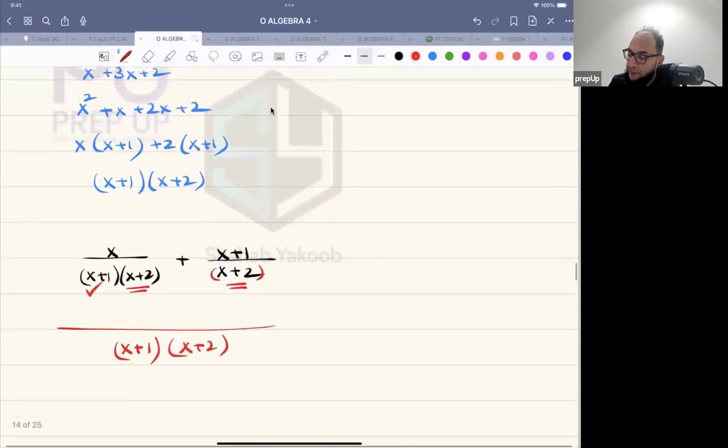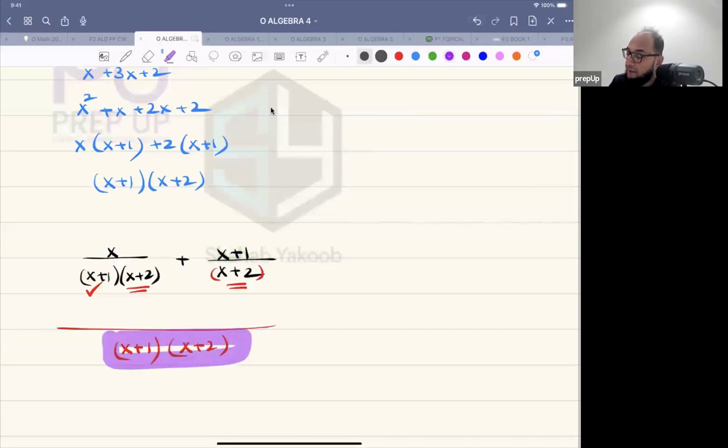So we write it like this. Now what will happen is that this x will multiply with this x plus 2. Actually, the first x will multiply with nothing. Why? Because when I divide this whole thing by this thing, it's exactly the same.